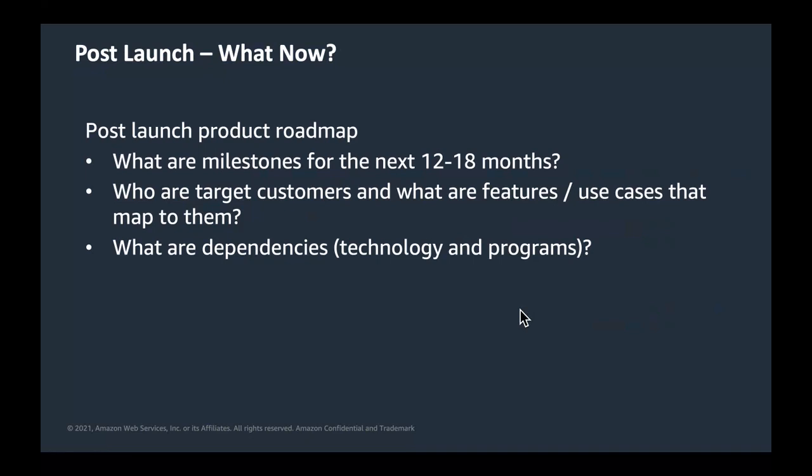So definitely provide that visibility internally, but also externally if possible, because your customers should also know what is coming next as they test your MVP. So here again, be as transparent as possible, and of course things may change over time, but it's really important to provide that transparency both internally and externally.